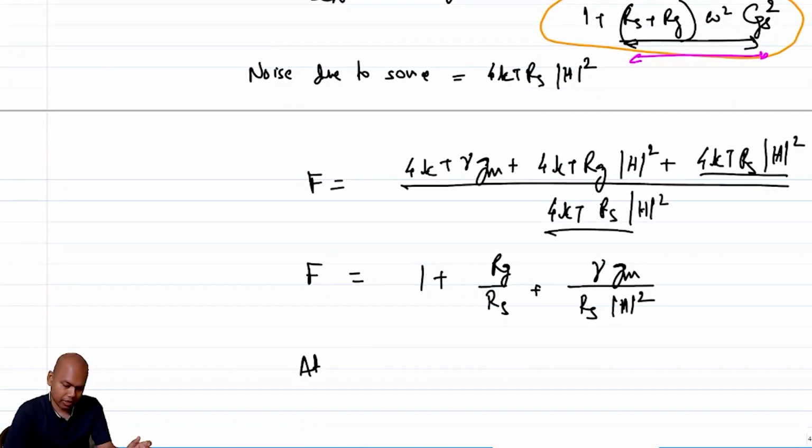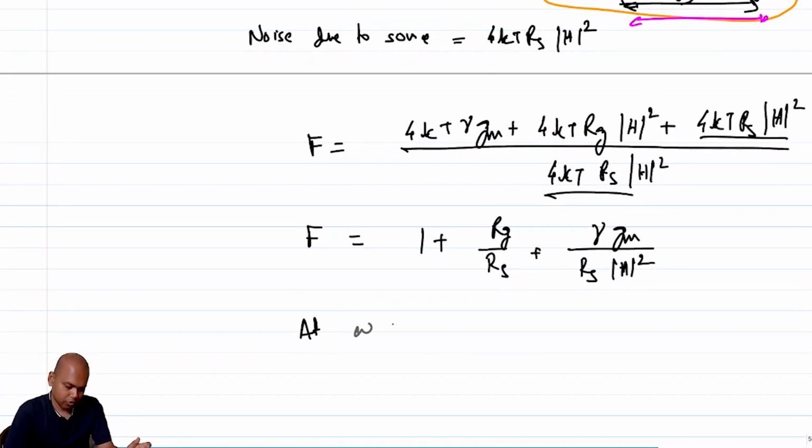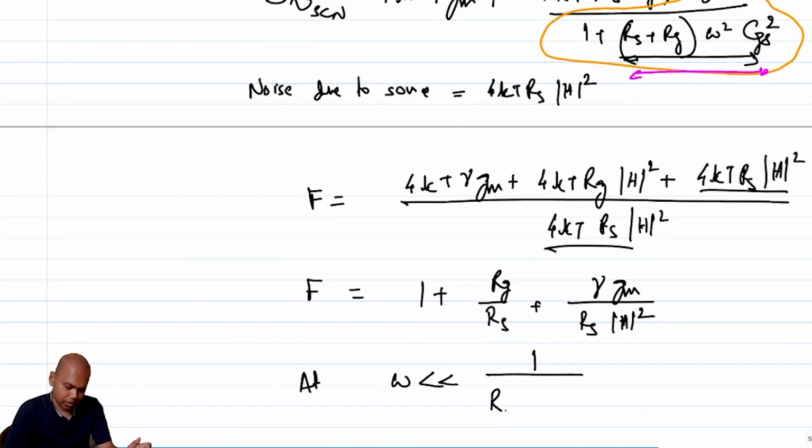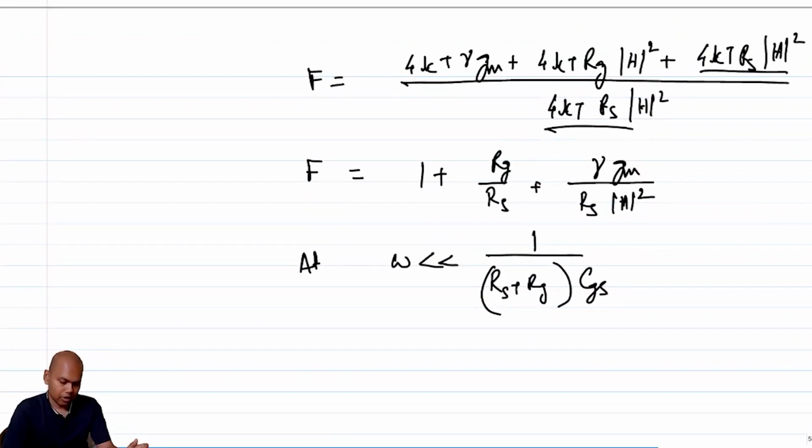So which means that at omega much less than 1 by the corner frequency, that is Rs plus Rg times Cgs, what can I say? Your mod of H is approximately 1.